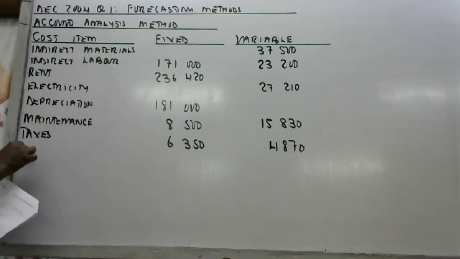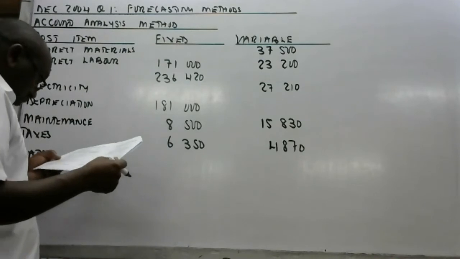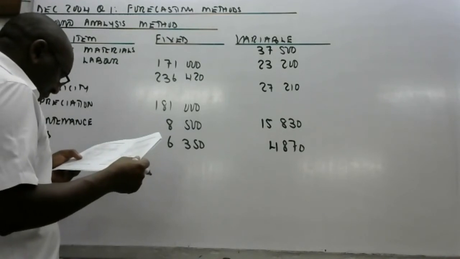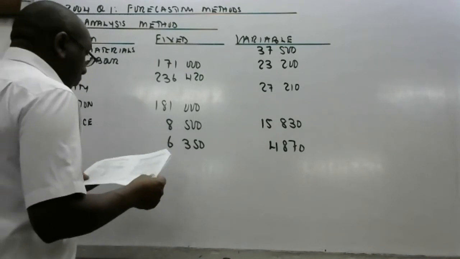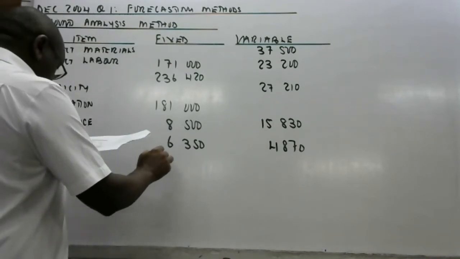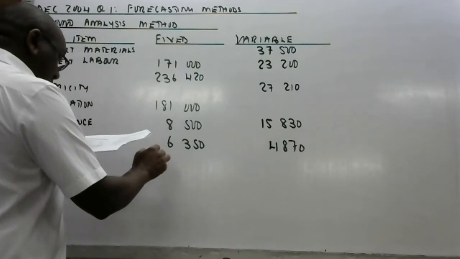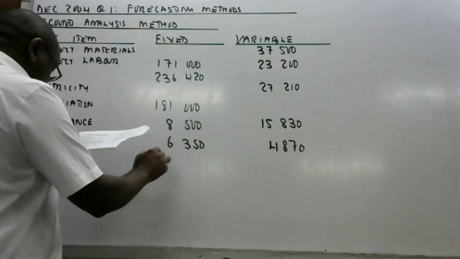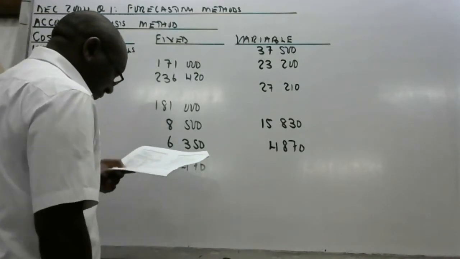Then data processing, we are told, I think there is a typo. There is a typo there. There's an amount that is missing. So the one that is fixed is 94.70.